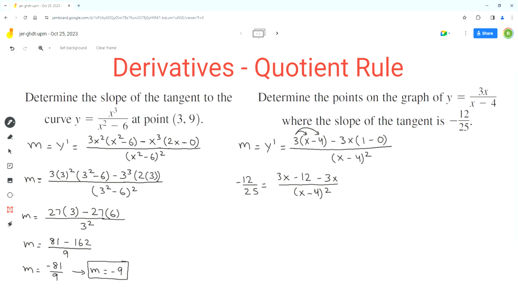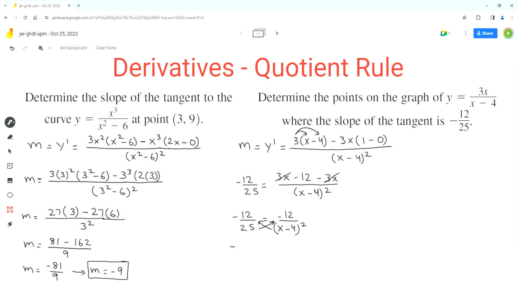So first we can simplify the numerator, so the 3x's will cancel each other out. So we are left with negative 12 over 25 equals negative 12 over x minus 4 squared. Now we can cross multiply the denominators. So the 25 will cross over to the right side and x minus 4 squared to the left side.